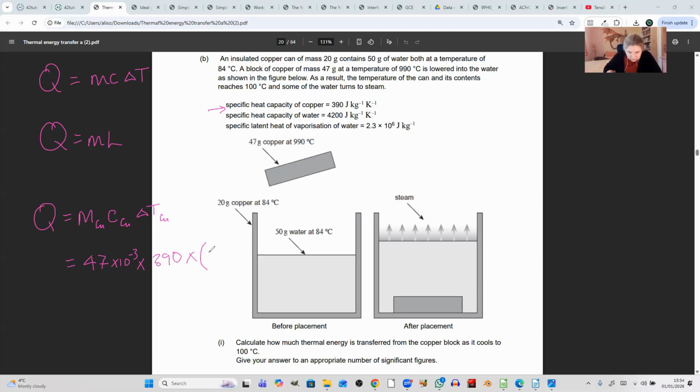Our starting temperature is 990 minus our ending temperature, which is 100. Okay, so you're right, it's 890. Now technically we should have put the 100 first because that's the final temperature, and our Q value should be negative because it's energy lost.